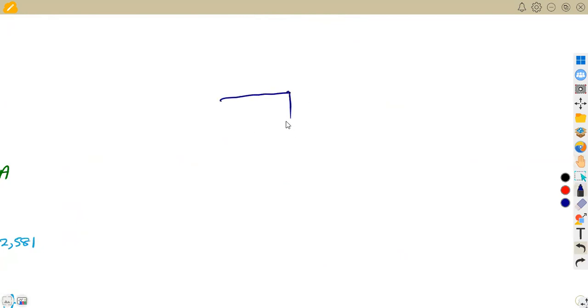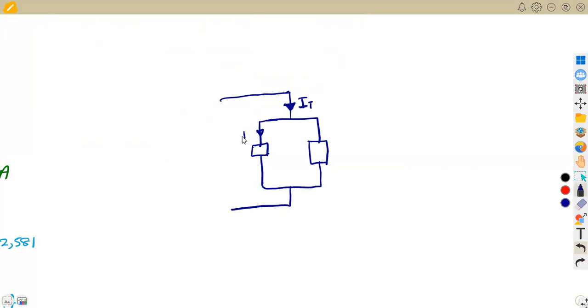This is what we simply state about the current divider rule. If we have two resistors like this in a parallel combination, and there's a current flowing here, which is our total current, and here we have I1 and R1, and here we have current 2 and this is our R2.